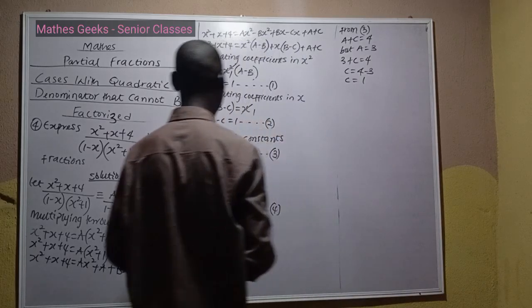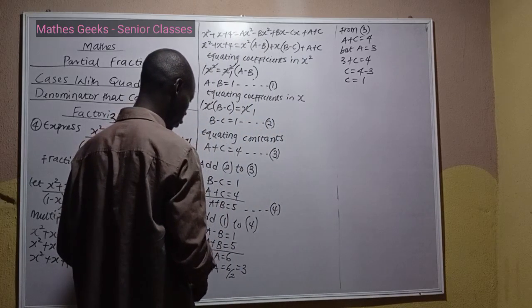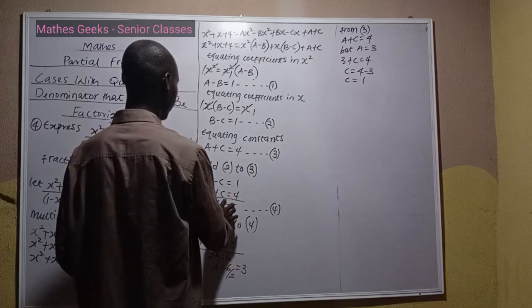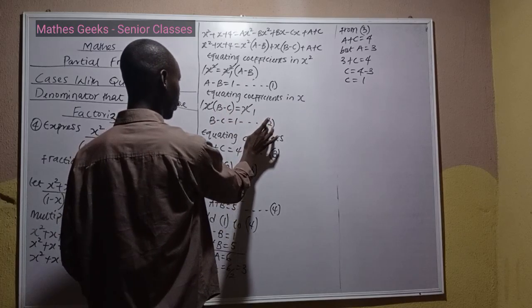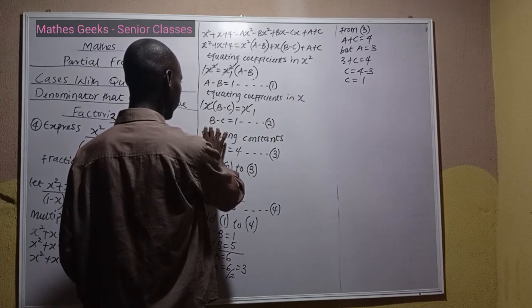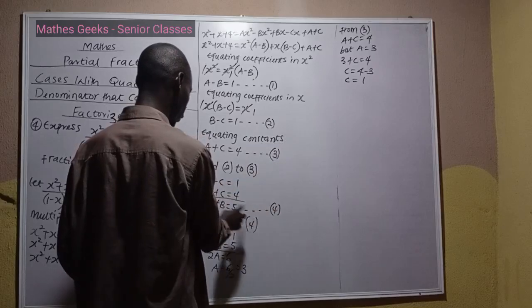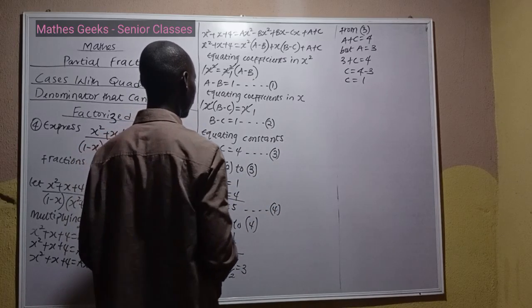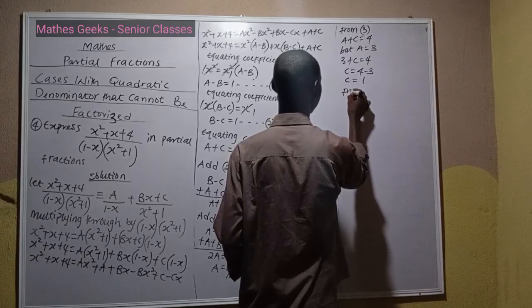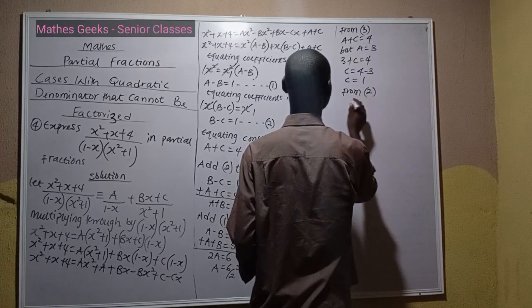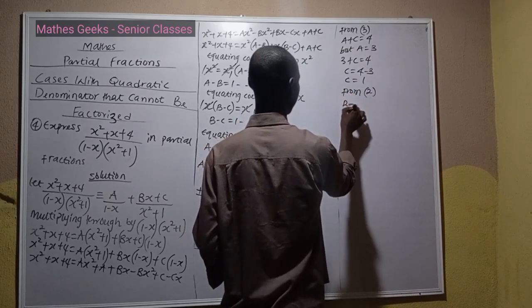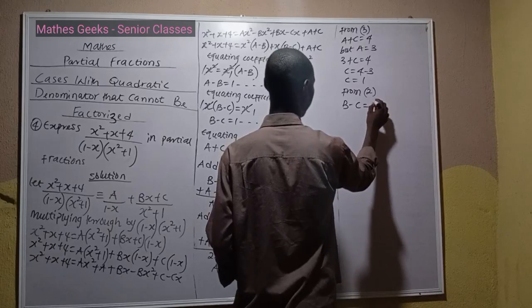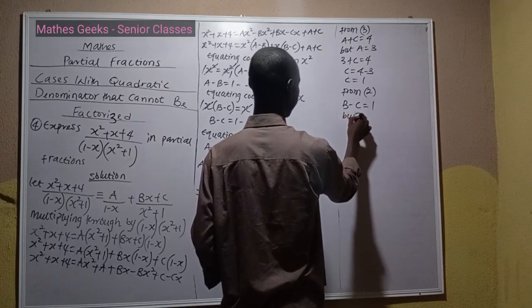So if c is equal to 1, we can either use equation 2 because we have b, and look for the value of b there, or use equation 4 to get the value of b. Let's use equation 2. From equation 2, b minus c is equal to 1.